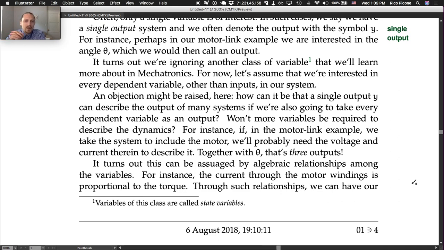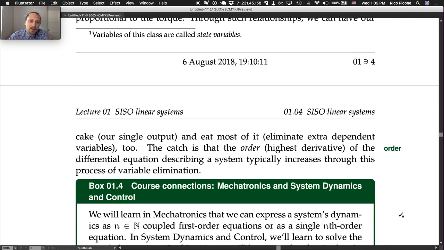Through such relationships, we can have our cake, our single output, which is what we want, and eat most of it, which is eliminate extra dependent variables too. So we don't want to have multiple outputs for this specific case. We're looking only at single input, single output systems. So we would like to eliminate other outputs, and that's one way to do it.